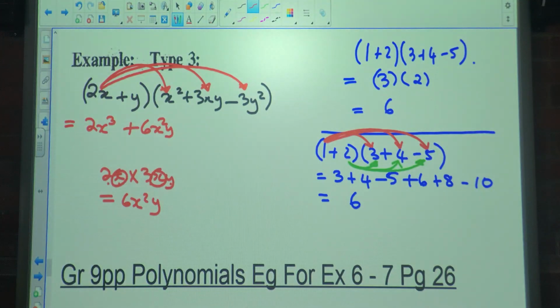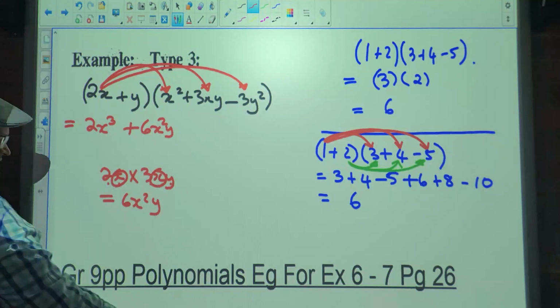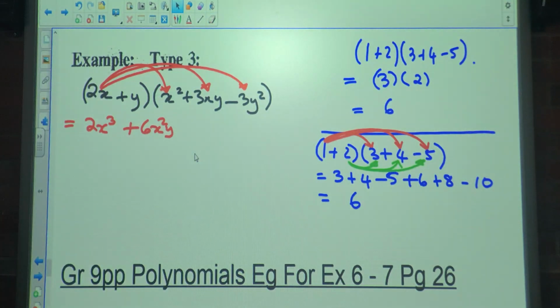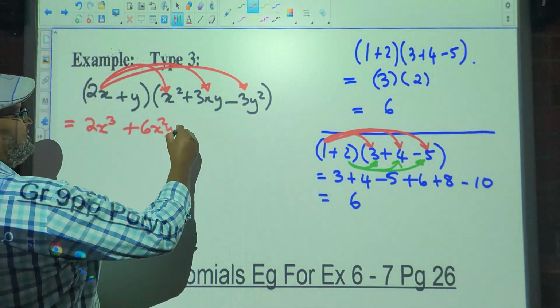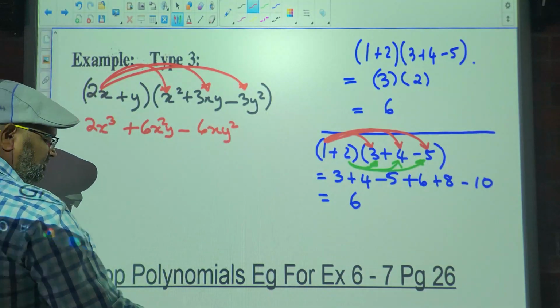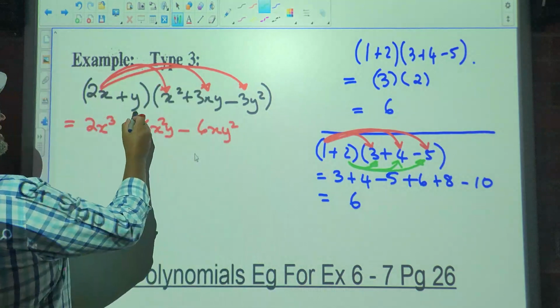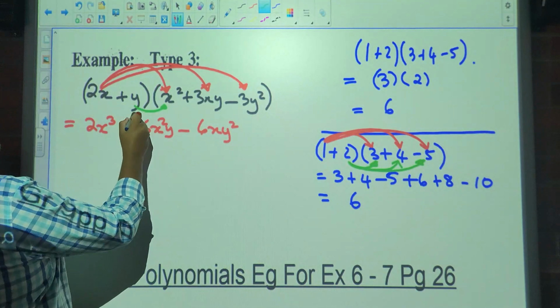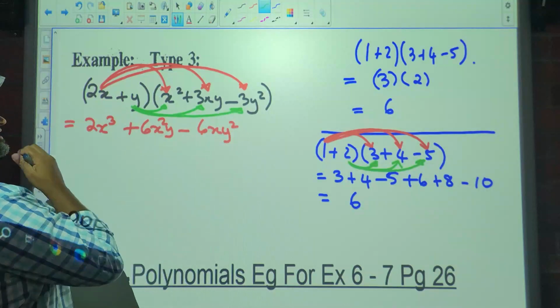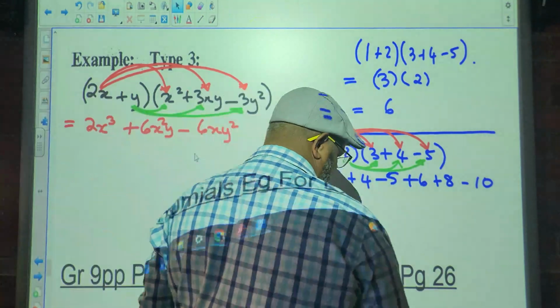Remember, when we're multiplying and bases are the same, we add the exponents or the indices. Okay. And what is 2x times negative 3y squared? Negative 6xy squared.